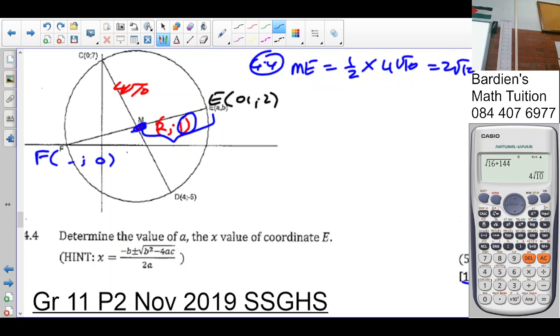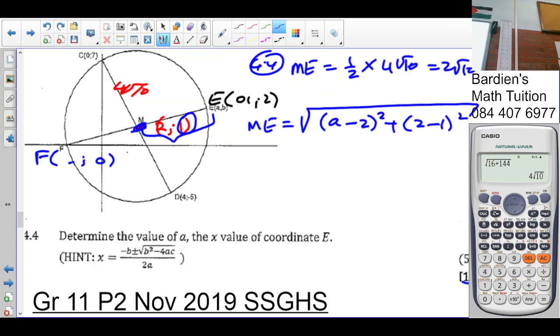So I'm going to work out the distance of ME. So distance is equal to the square root of x2 minus x1 squared plus y2 minus y1 squared. But what is the length of ME? ME is 2 root 10.